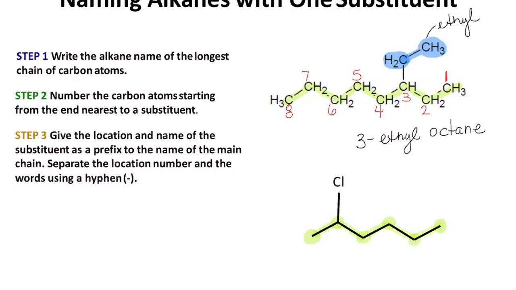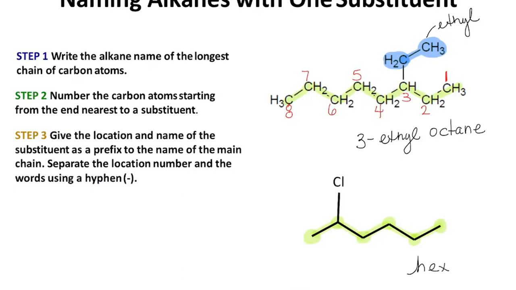Well, at least the hydrogens that are bonded to carbon. So, how many carbon atoms are in this skeletal structure? Great, there's 6. What is the alkane name for a continuous chain of carbon that has 6 carbons in a row? Great, you guys are getting the hang of it.